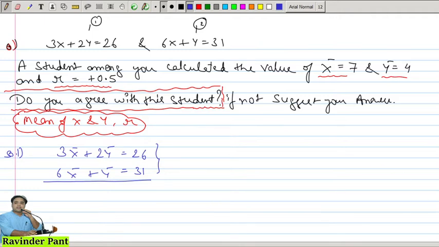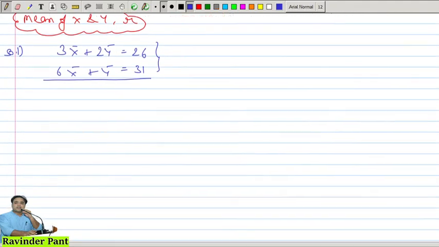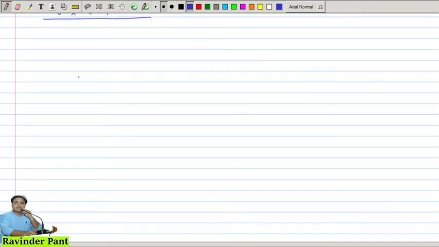Another way, in the same family of questions: two equations are given, 2x plus 3y is equal to 7 and 5x plus 4y is equal to 9.